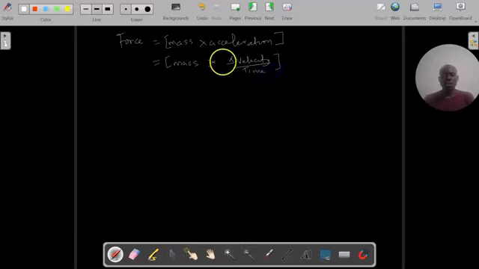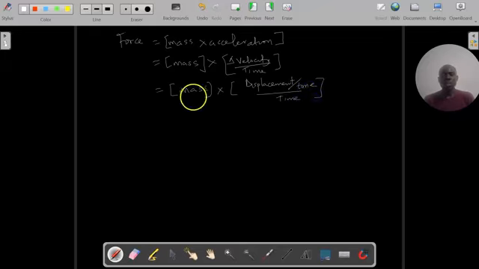So mass multiplied by change in velocity, which is displacement over time, all divided by time.